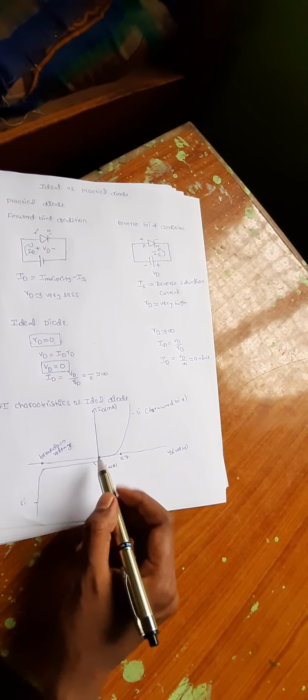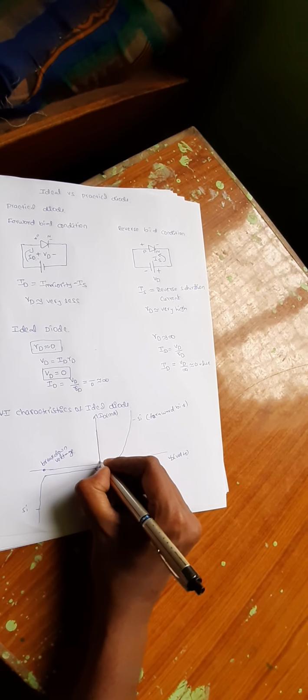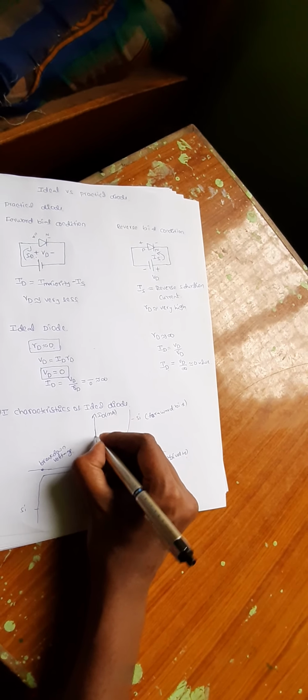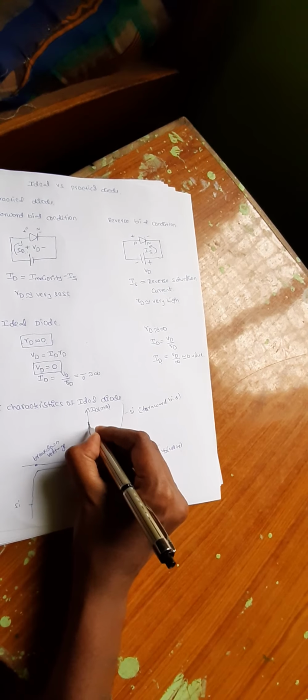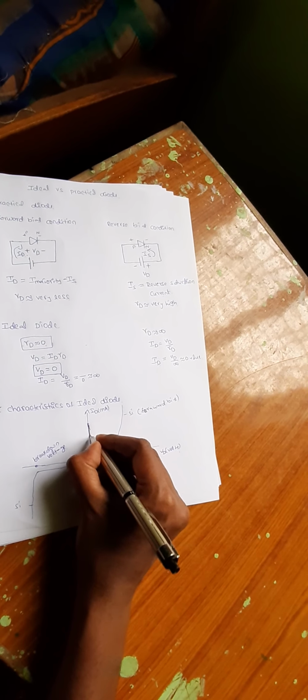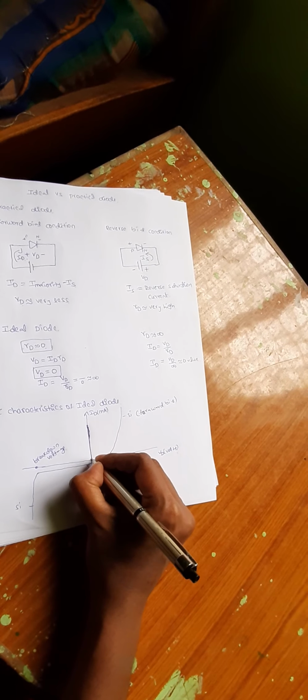For all values of current, the VD value is equal to 0, so a large amount of current flows. There is an increment of current. So for the ideal diode, the characteristics are like this. This is the forward bias condition.